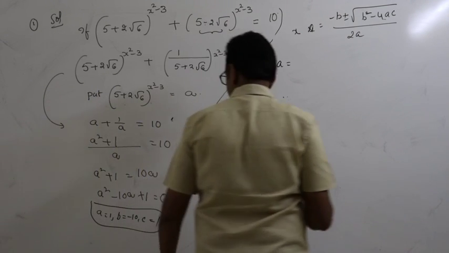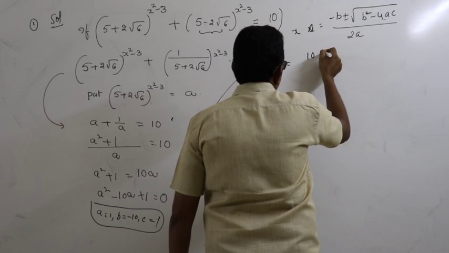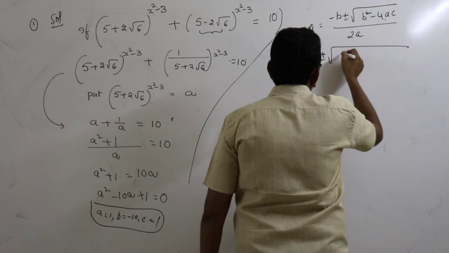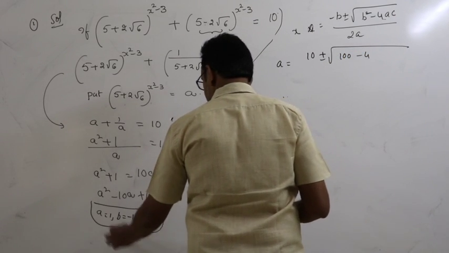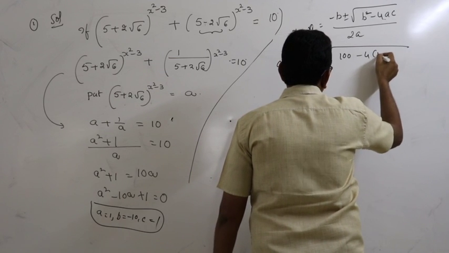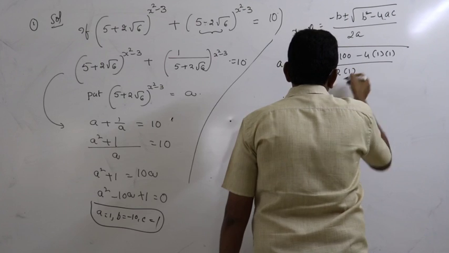So a equal to minus b, that is 10, plus or minus root of b square, which is 100, minus 4 into 1 into 1, by 2 into 1.